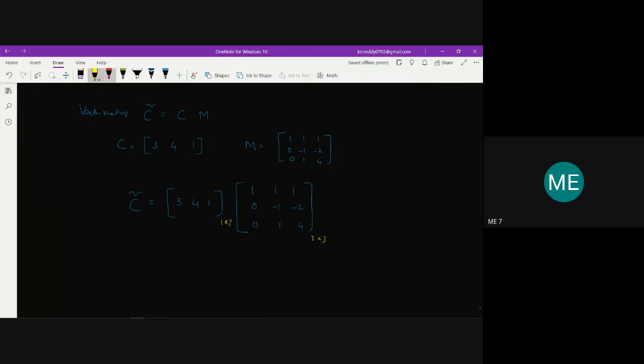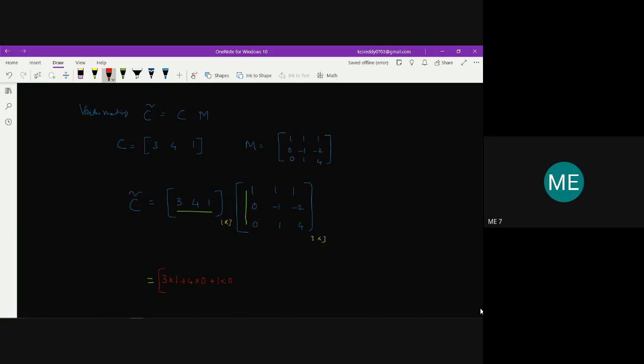So now I'll write the resultant matrix. This row and this column. First we'll write down 3 into 1 plus 4 into 0 plus 1 into 0. This is the first element in the C matrix.